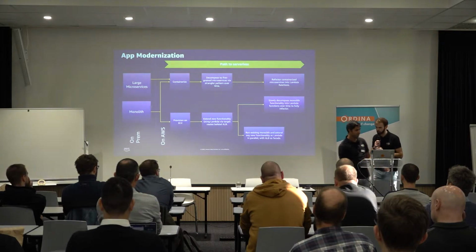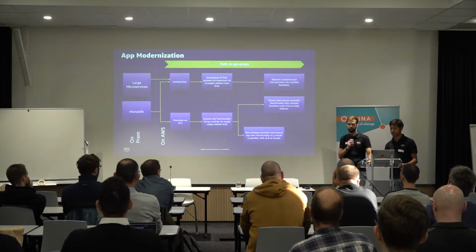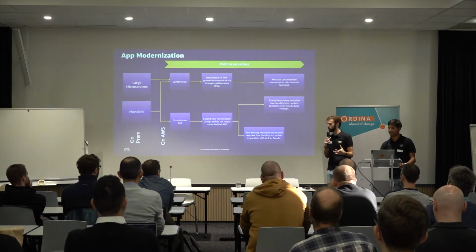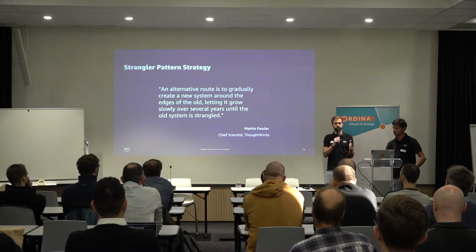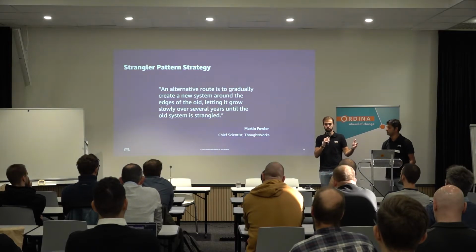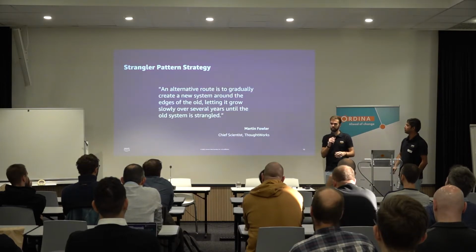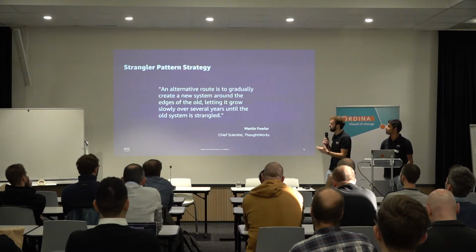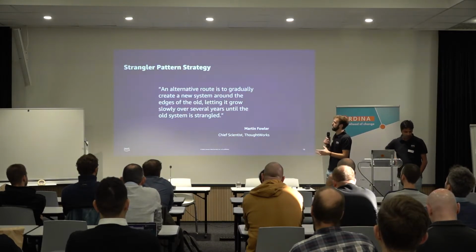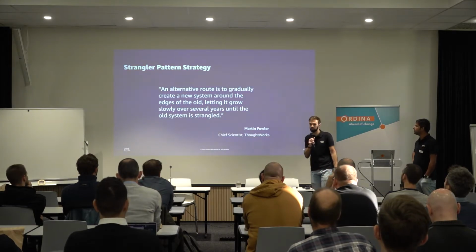Thank you, Manish. So in the second part of the presentation, I will go through, let's say, a practical example of how we can apply this approach to actually move the application from a monolith on-premise to a microservice-oriented, mostly serverless design and architecture on AWS. In this example, I will apply the strangler pattern strategy, which was introduced by Martin Fowler.